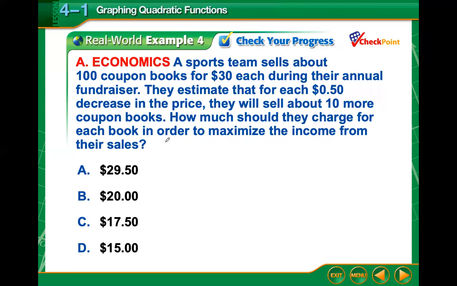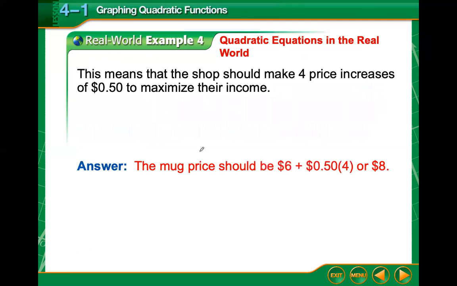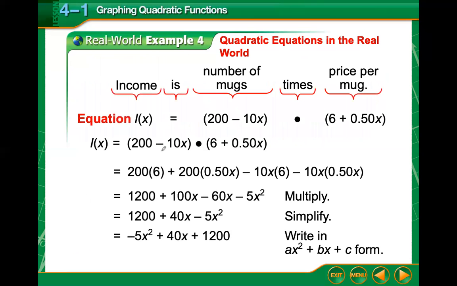So using the same steps from the previous example, we're going to go ahead and work this one. Going back to the setup, we would double check and make sure we have it: we have the number of mugs times the price per mug.